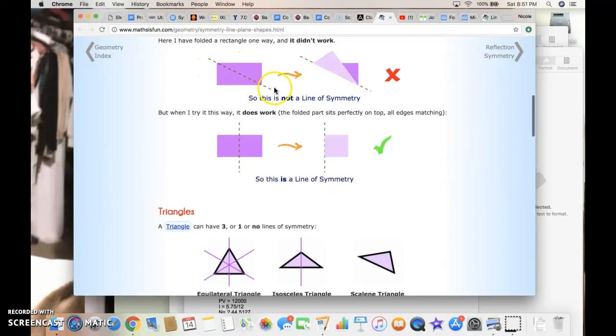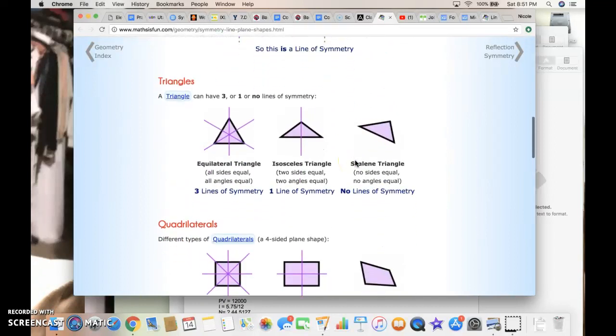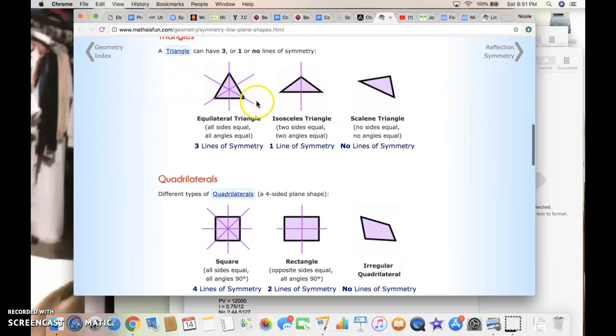So when we determine if something has a line of symmetry, what we're doing is we're imagining a line going through and then folding across that line. So it would work going this way, but it does not work going this way because it doesn't match up. Different kinds of shapes, for instance like the triangle, can have lines of symmetry, and it depends on what it looks like how many it has.